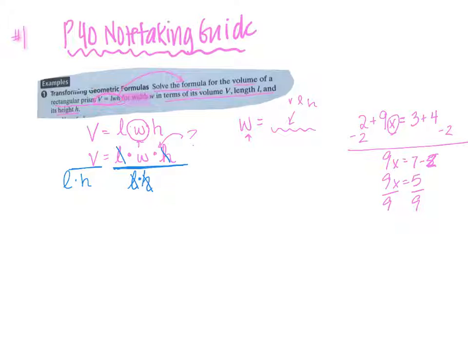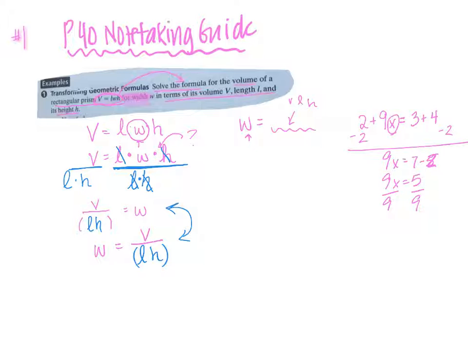Well, it leaves me with something that looks like W equals V divided by this product of L times H. Oof. All right, notice that it doesn't matter. I could end up reversing my W, and I could put W on this side and have V over L times H. This is the same thing as this, okay?